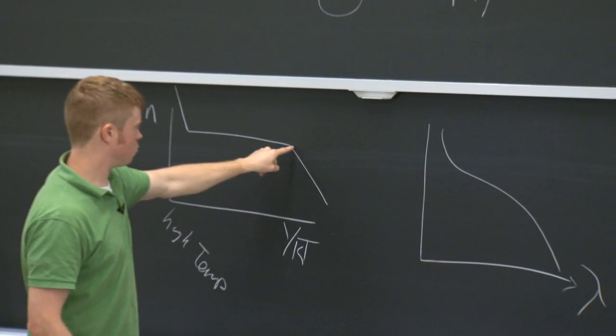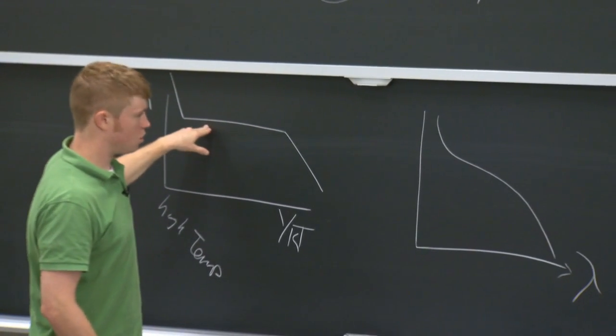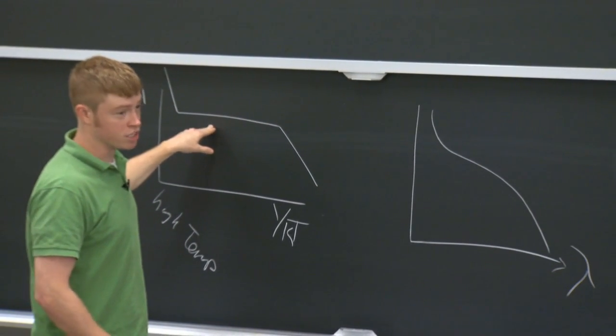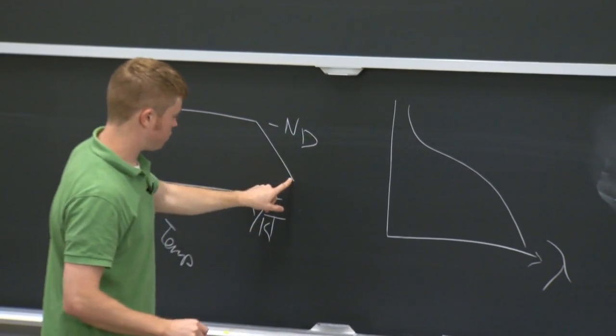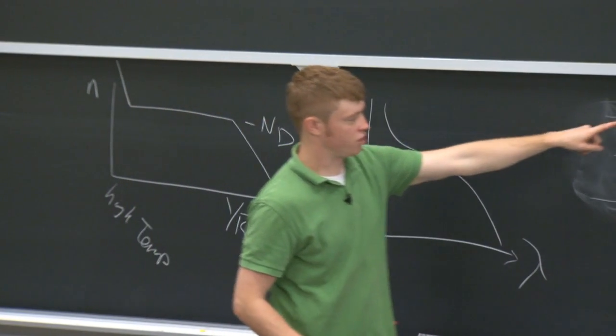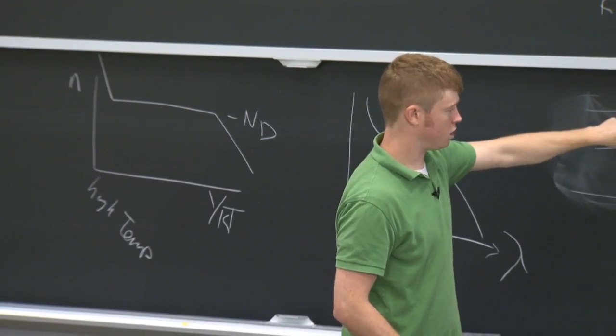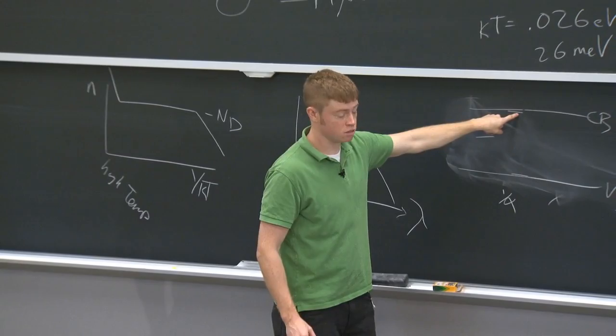And this is the extrinsic region, where your carrier concentration is pretty much only determined by your dopant density. So this is ND. And then at very low temperatures, you actually start freezing out your donor electrons into these donor states.